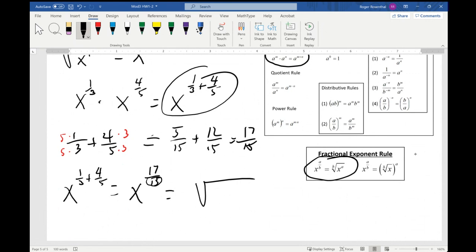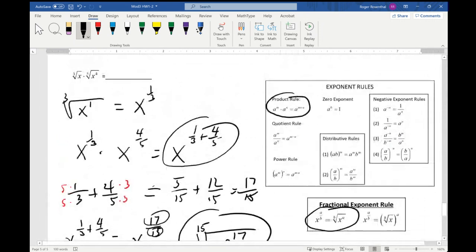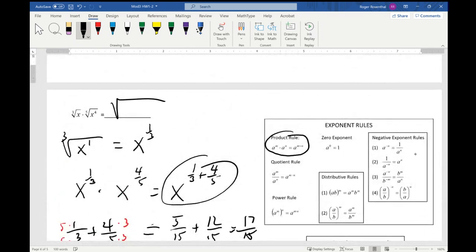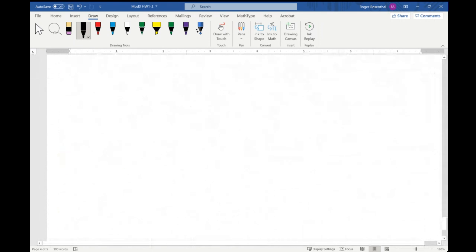Remember, the denominator becomes the index and the numerator becomes the power. And that is our final answer. The 15th root of x to the 17th power.